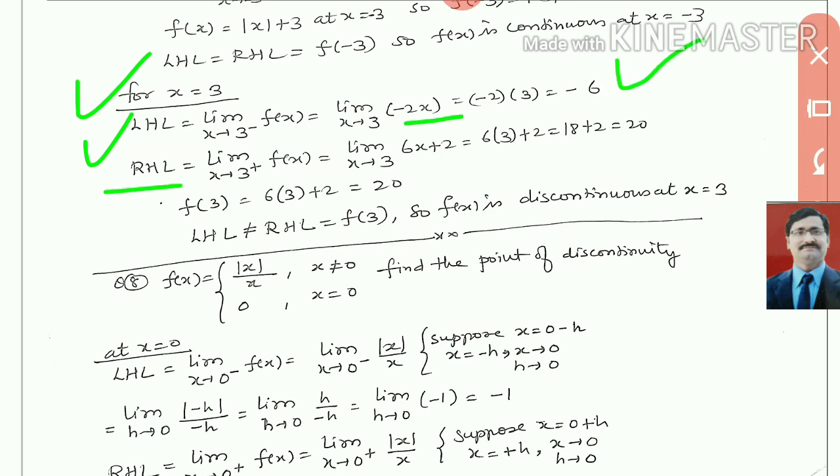Now right hand limit is limit x tends to 3 plus of f(x), meaning more than 3, where we have 6x plus 2. In place of x you put 3 and you get 20, and the function value is 20. Now you can check that the left hand limit is not equal to the right hand limit, though the right hand limit is equal to f(3). Since the left and right hand limits are not equal, the function is discontinuous at x equal to 3. All of you understand this?